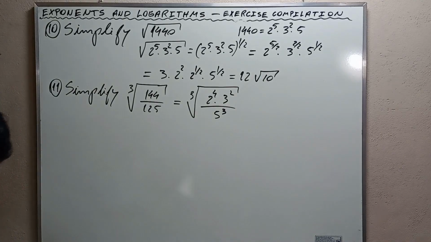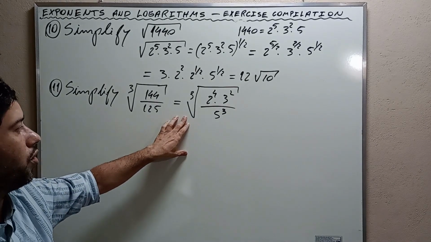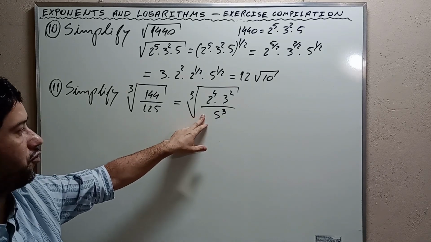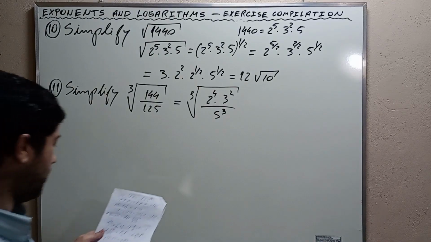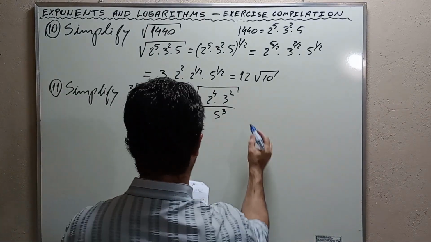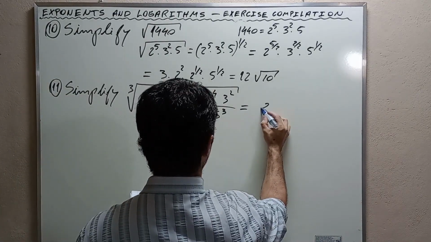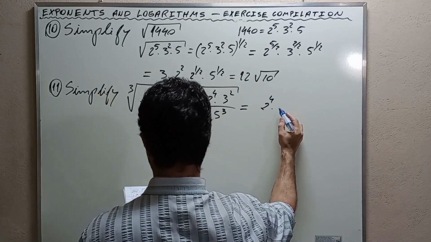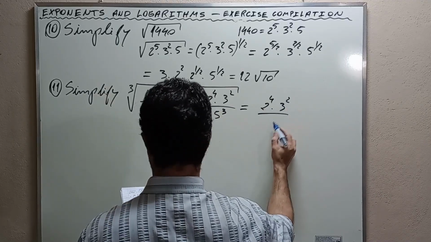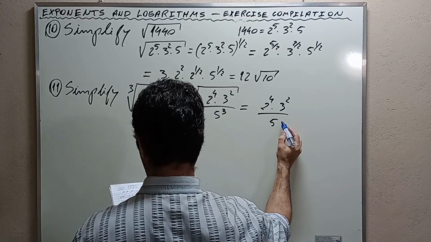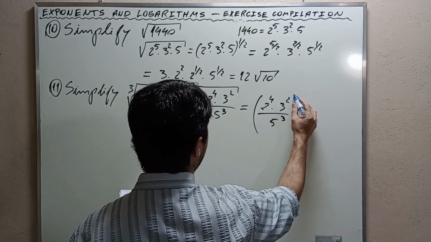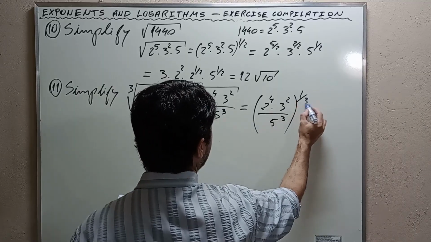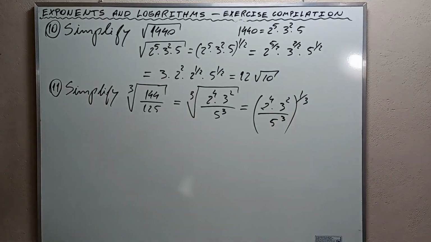Okay? But remembering that the cube root of a number is similar to raising this number by a third. Okay? And therefore it becomes 2 to the 4th times 3 squared divided by 5 cubed, and it all raised to the power of a third.